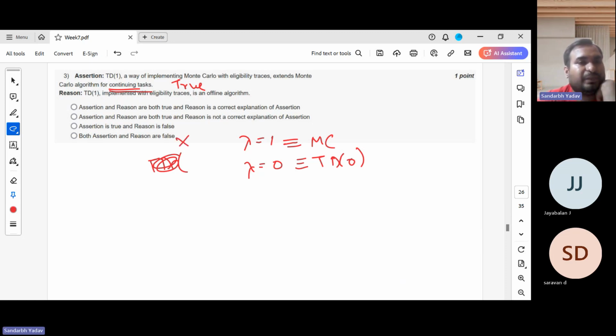Now, TD(1) implemented with eligibility traces is an offline algorithm. I have already mentioned what it is. It has to be online, right? Otherwise, default Monte Carlo was already offline. So we use this TD(lambda) concept to make it online so that we can use it for continuing tasks. So this says it's offline, and that is not true, right?